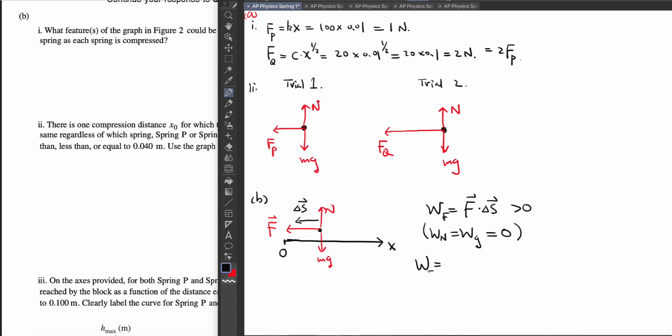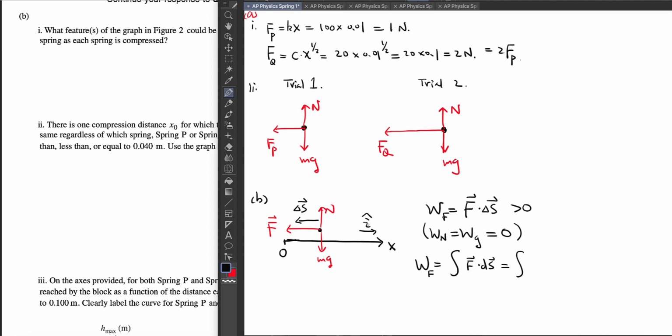So the work done by the spring on the block is the integral of force dot the infinitesimal displacement ds. In order to do that calculation, I want to represent both vectors in terms of the unit vector. So let me draw that unit vector. Usually we use i hat to represent the unit vector along the positive x-axis. Different textbooks use different notations, some use x hat, and there might be others.